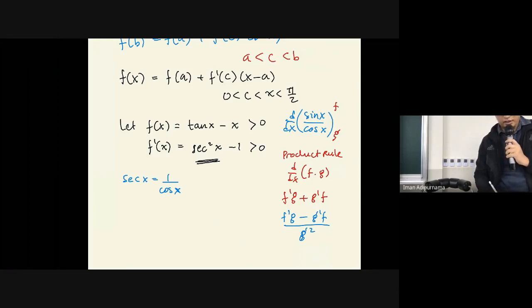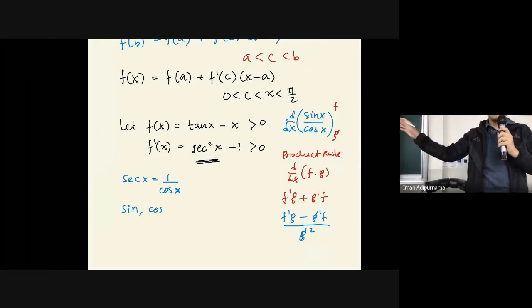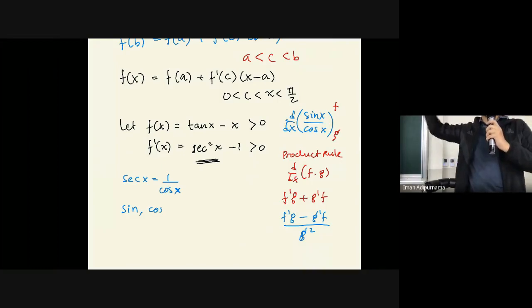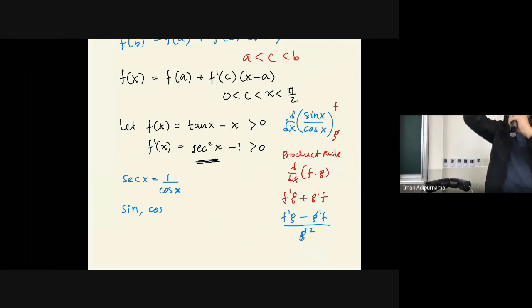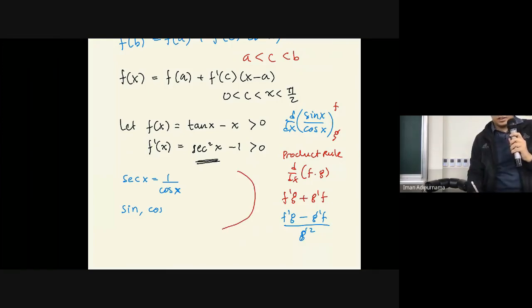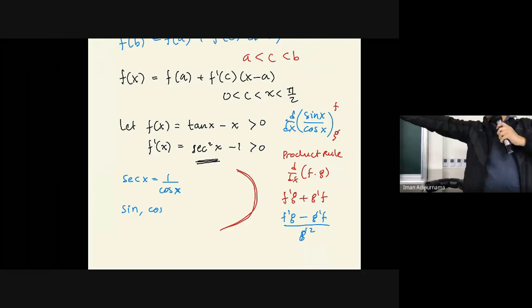Sine and cosine are really basic in trigonometry because all the relevant trigonometry ideas came from sine and cosine. Maybe if I have time, I can explain why it's called sine and cosine. It actually means a curve. If you have a bow for archery, for arrow and bow, you have a string, right?